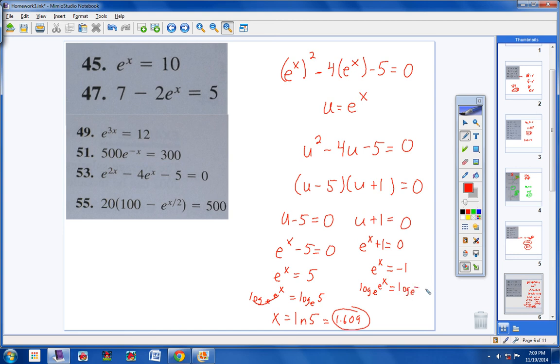And right there it fails. You cannot take the logarithm of 0 or a negative number. So there is no answer to this equation here. You cannot take the logarithm of a negative number. So no solution for this part here. So this is your only answer. Okay? Alright, moving on to number 55.